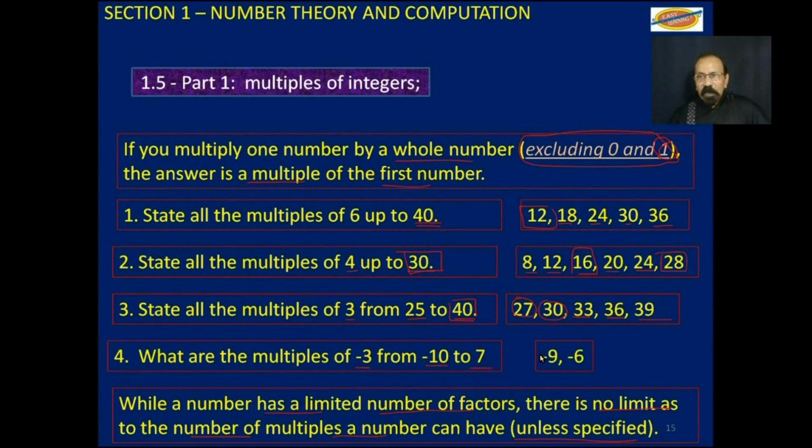Well, we know that negative 9 is one. We know that negative 6 is one. We know that negative 3 itself doesn't count. We know that 0 doesn't count. So we are excluding multiplying by 0 and 1. Question is, somebody may wonder about positive 6. And the answer to that is no. You can't find a negative 3 in a positive 6.